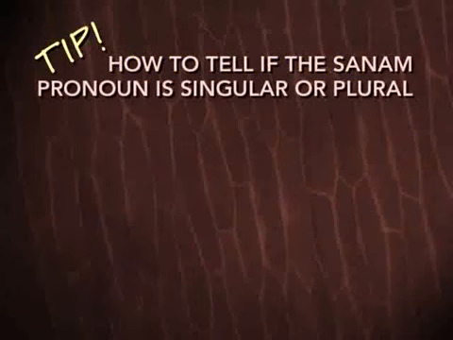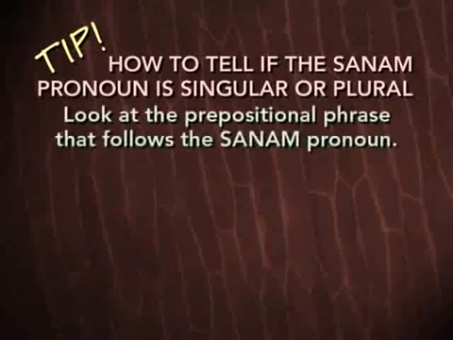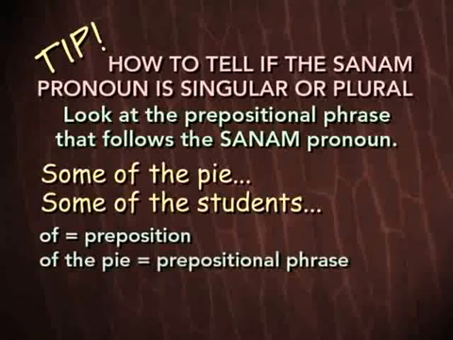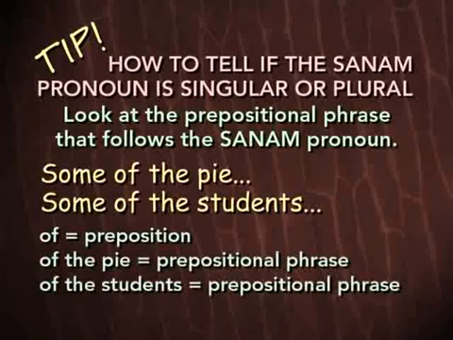Here's a tip that will help you tell whether the SANAM pronoun is singular or plural in a particular sentence. The SANAM pronoun is usually followed by a prepositional phrase. In both of these sentences, the prepositional phrase begins with the preposition of: of the pie, of the students. If you look at the prepositional phrase and look at the object of the prepositional phrase, that will provide a clue as to whether the SANAM pronoun is singular or plural.